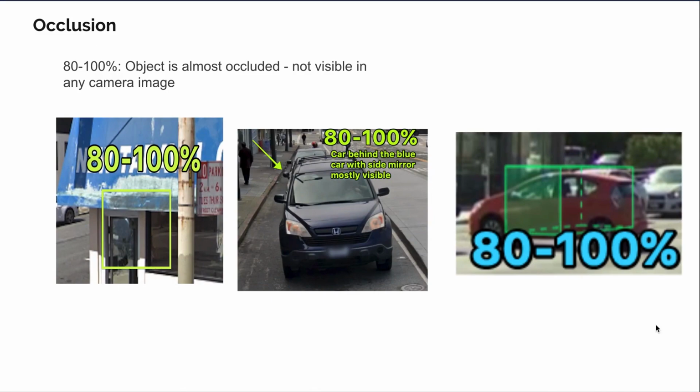And then we have our max level of occlusion, which is 80 to 100%. This is where we can barely see the cars due to heavy occlusion. In all these examples, on the left, we can make out a bit of the vehicle's back end, but it's through glass.